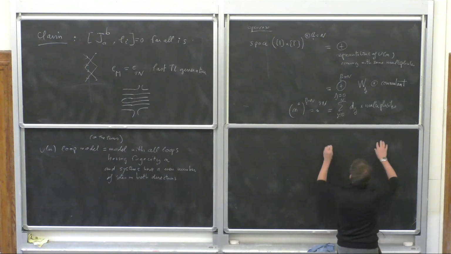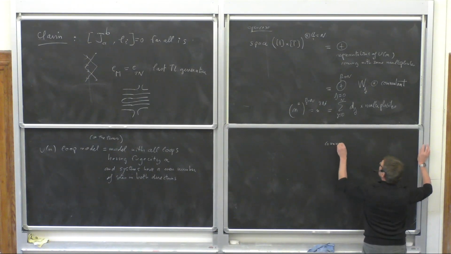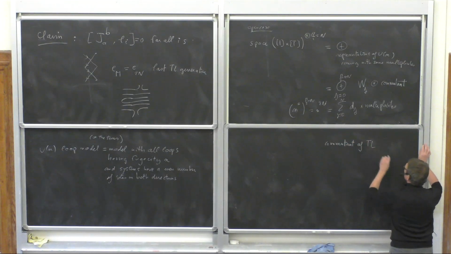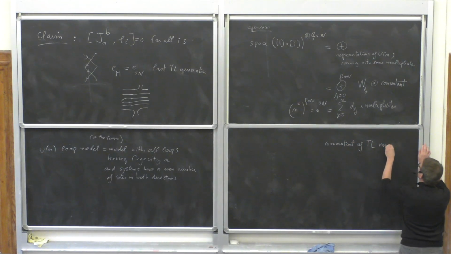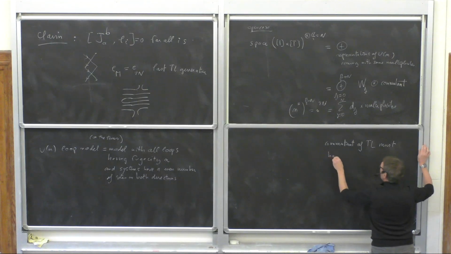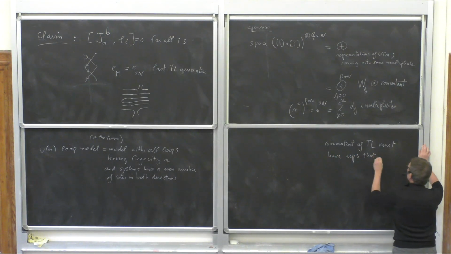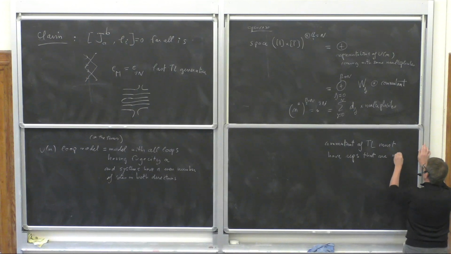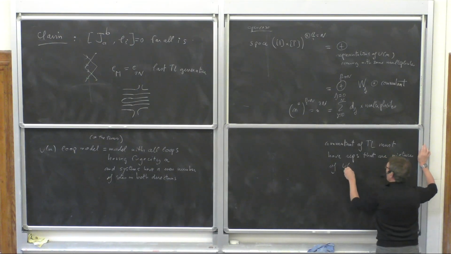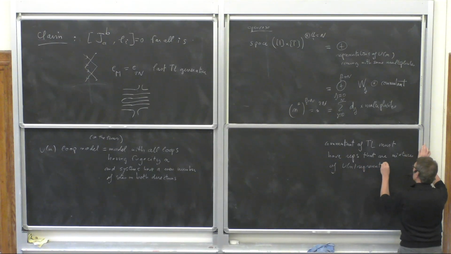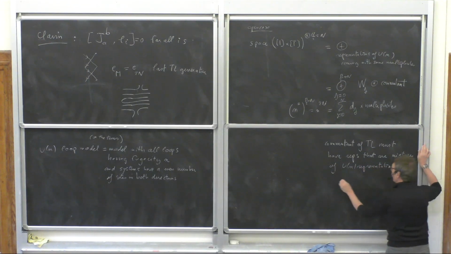So the commutant of Temperley-Lieb must have representations that are mixtures of UN representations. And this will imply that the commutant is larger than UN.